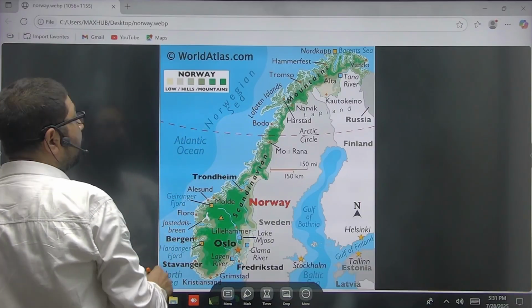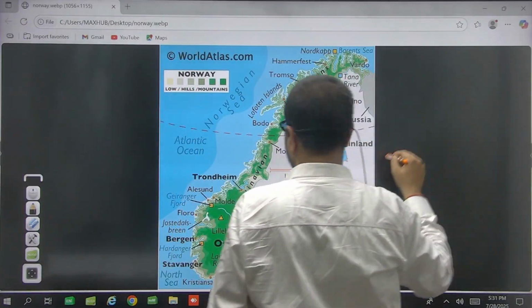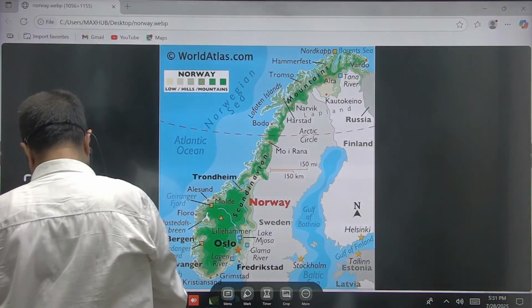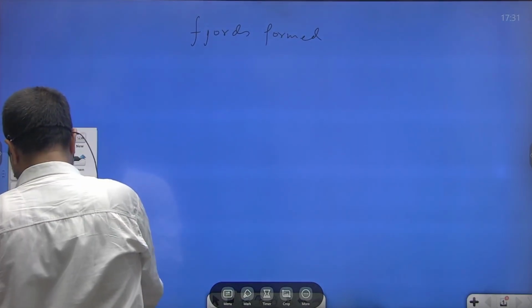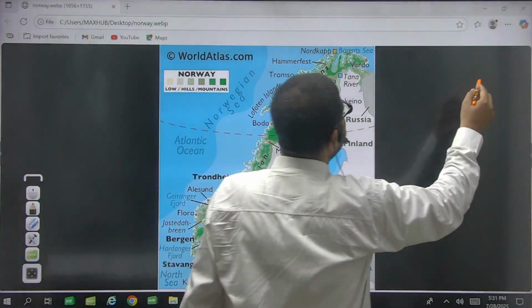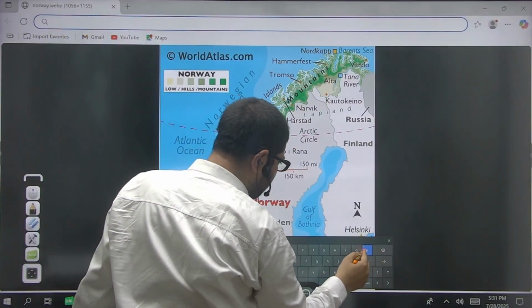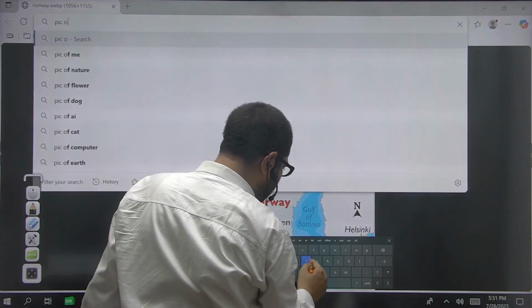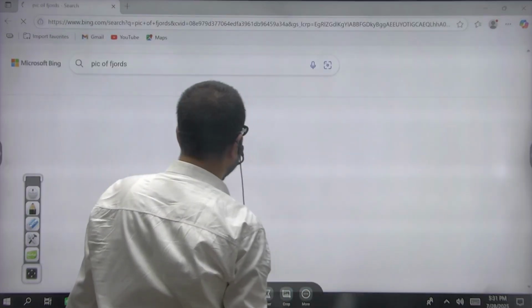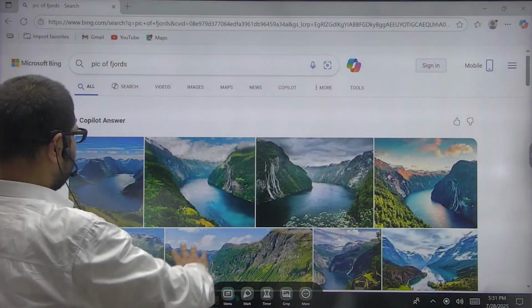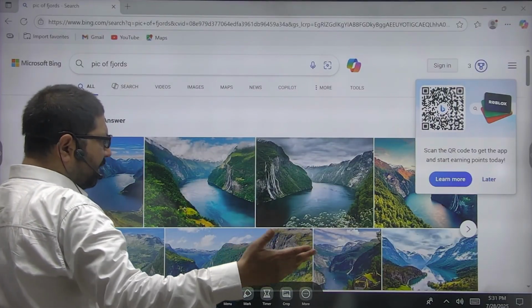If you see from close, from close quarter also, you can see fjords. देखो, they are very long, more than 100 miles at times.